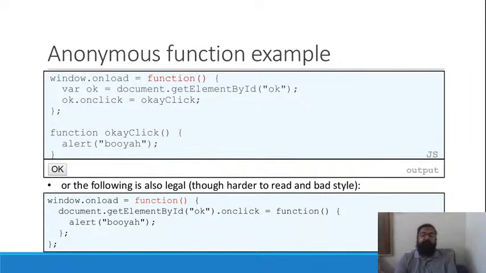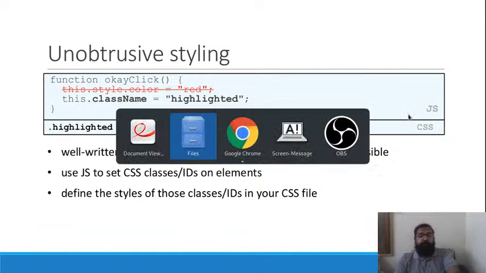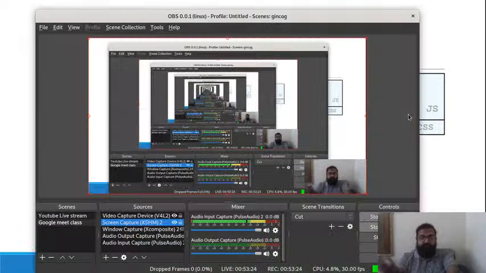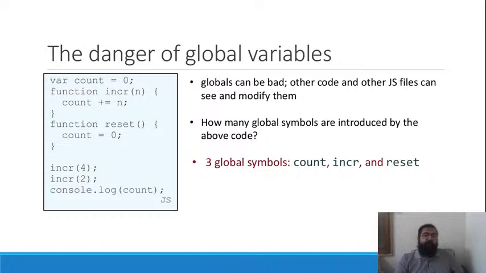This is just a recap since it's the next set of slides. Okay, so you have unobtrusive styling, which has the class name and everything. So you are essentially separating content, style, presentation, and behavior. That is being done here.